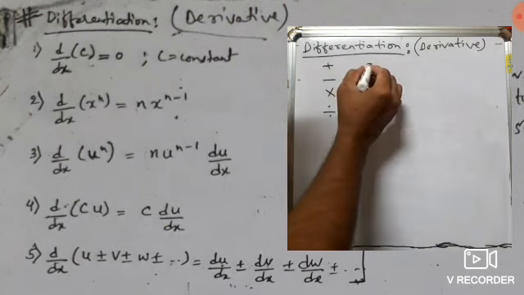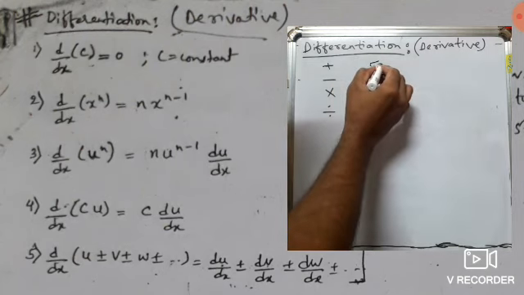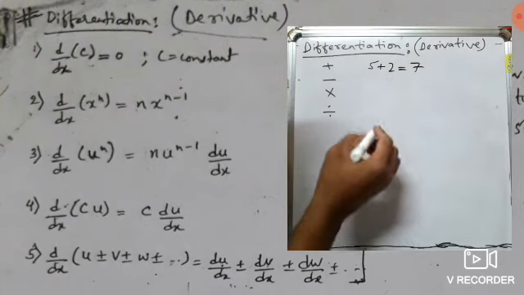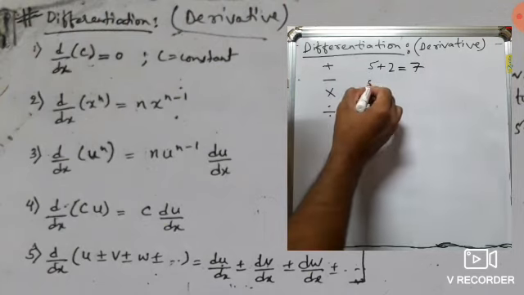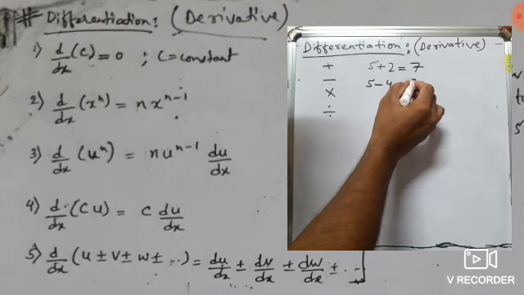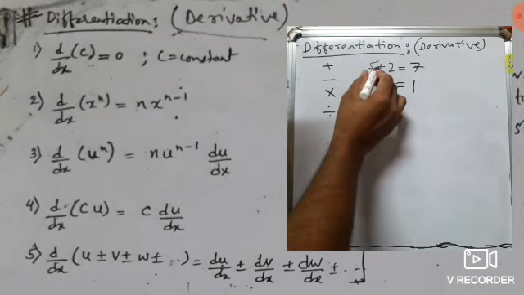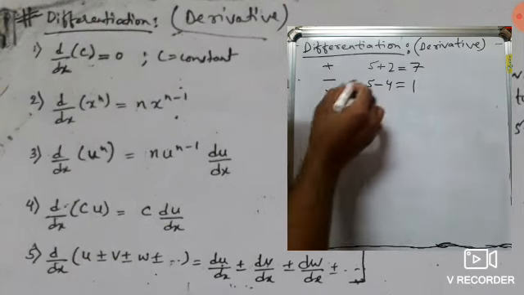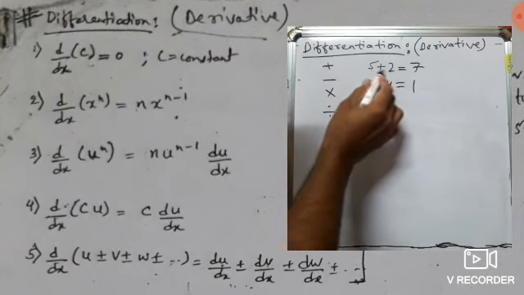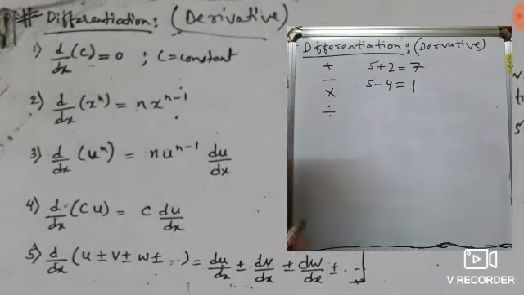If we operate the plus sign between two numbers, 5 plus 2, it will give a new number, 7. If we operate the minus sign between two numbers, say 5 minus 4, it will give 1. So these signs are actually operators. They do an operation between two numbers and give a new number.